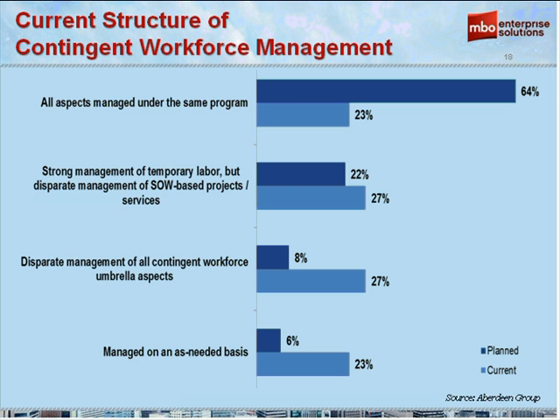And the fact of the matter is that we find that only 23% of organizations currently are actually managing all aspects of modern contingent labor under the same program. But when you look at what the plan structure is in just a couple of years from now, we see that number jumps to 64%. That's the vast majority of companies that are expected to manage all of the aspects of the modern contingent labor umbrella under a centralized and formalized program.